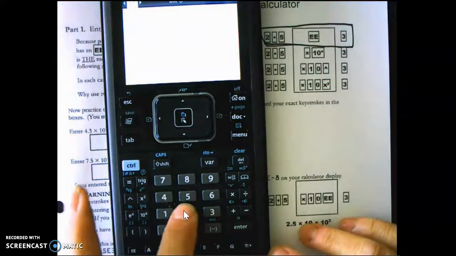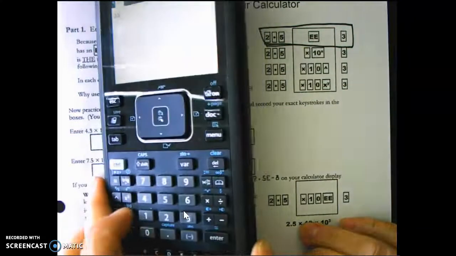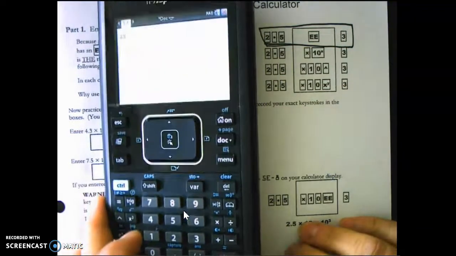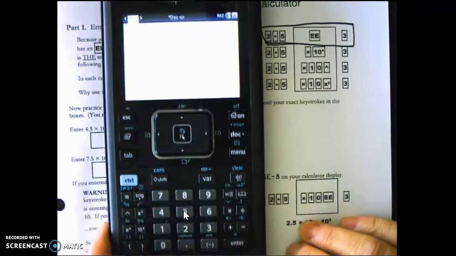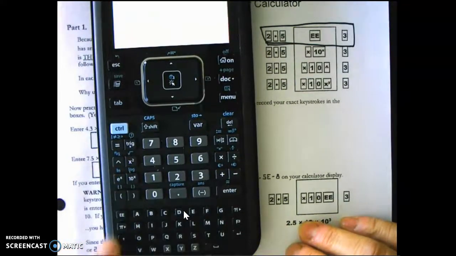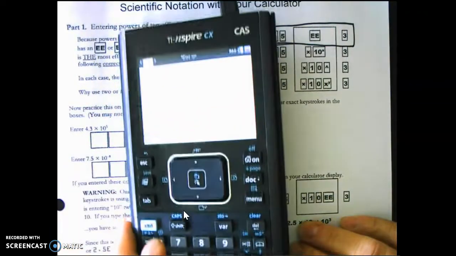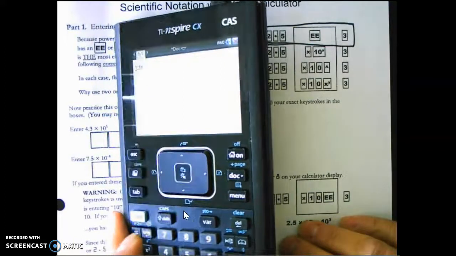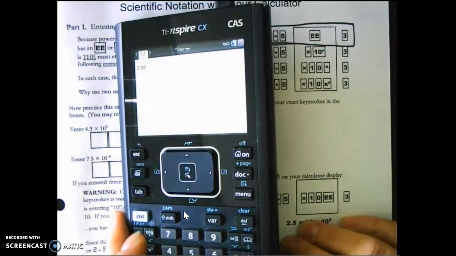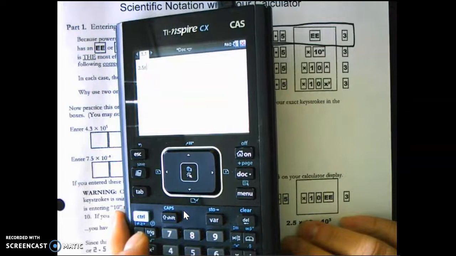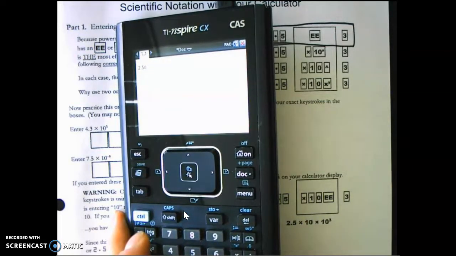So I'm going to put 2.5, so you can see that's in the calculator like normal. And then the exponential button is down here by the A. The EE puts into the calculator the capital E symbol, and that symbol represents times 10 to, and then whatever power you put in.